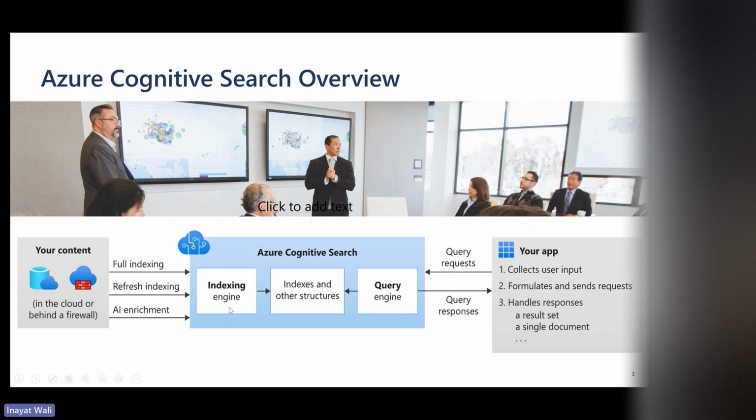And while it indexes the data, you can supplement it with cognitive skills. You can bring your custom skills, which are basically your piece of code, or pre-built code; other cognitive services are also available. You can hook that piece of code in while it's processing each individual data item.